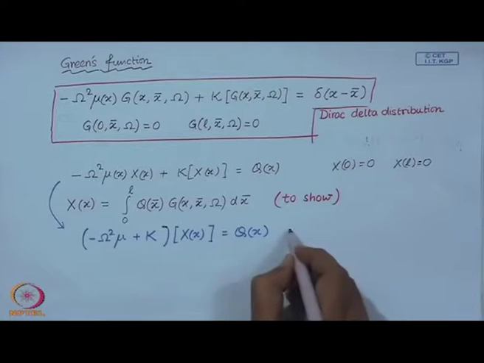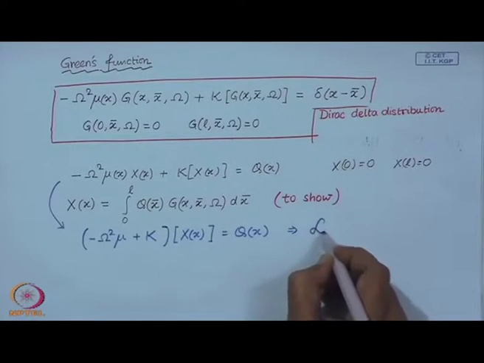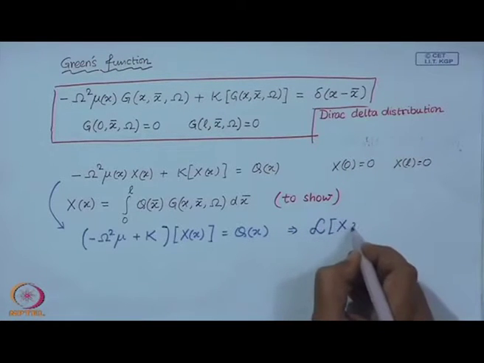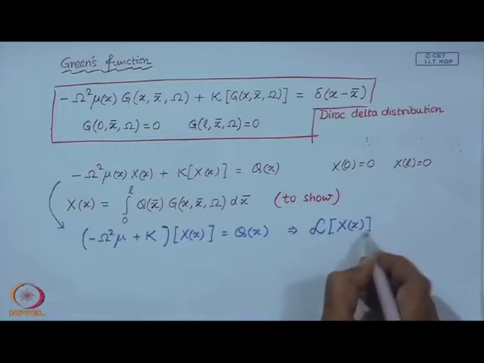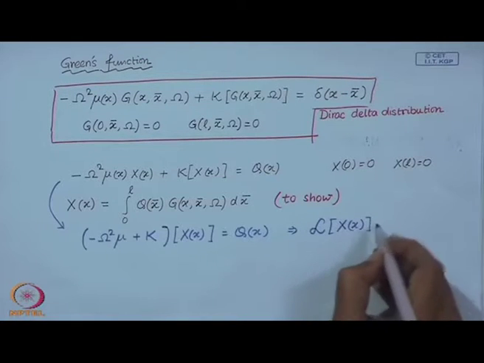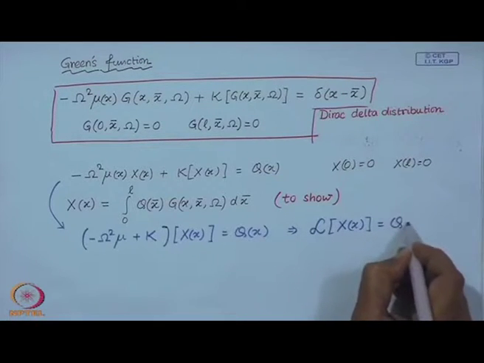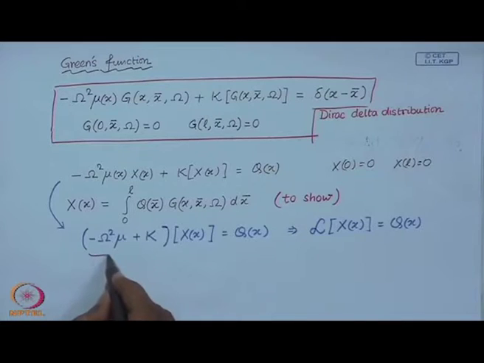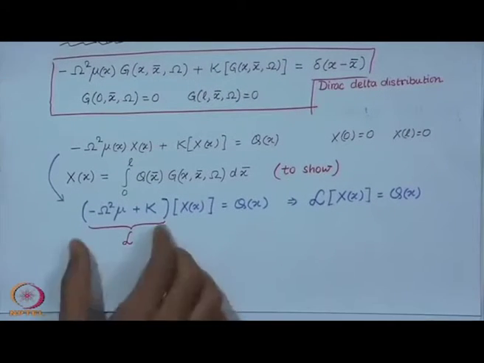So, I will write this as some operator L acting on x gives q. So, this is L. This is only an abbreviated way of writing this whole thing.